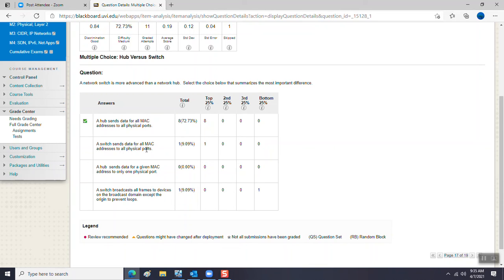A switch sends data for all MAC addresses to all physical ports? No, that's what a hub does. A hub sends data for a given MAC address to only one physical port? No, that's what a switch does. A switch broadcasts all frames to devices on the broadcast domain except the origin to prevent loops? No, that's just a bogus statement.